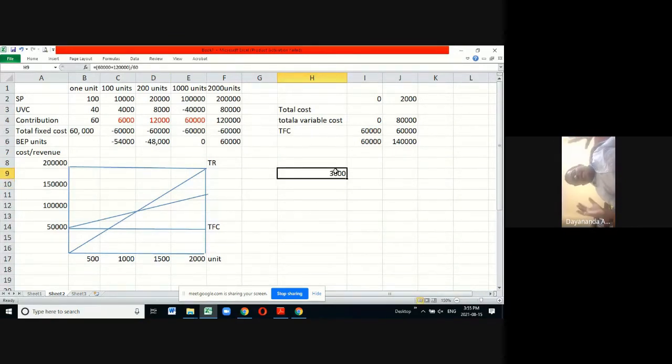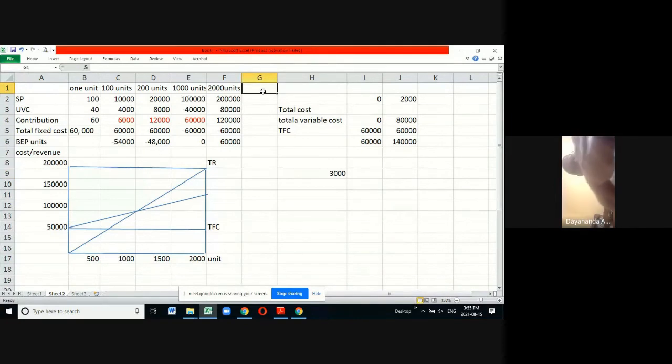So under this cost structure and selling price structure, if you want to make 120,000 profit from product A, our target has to be to sell 3,000 units.